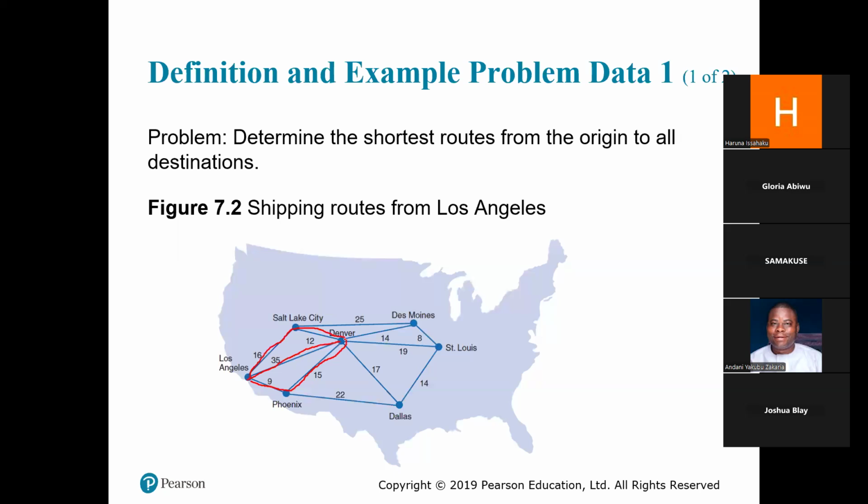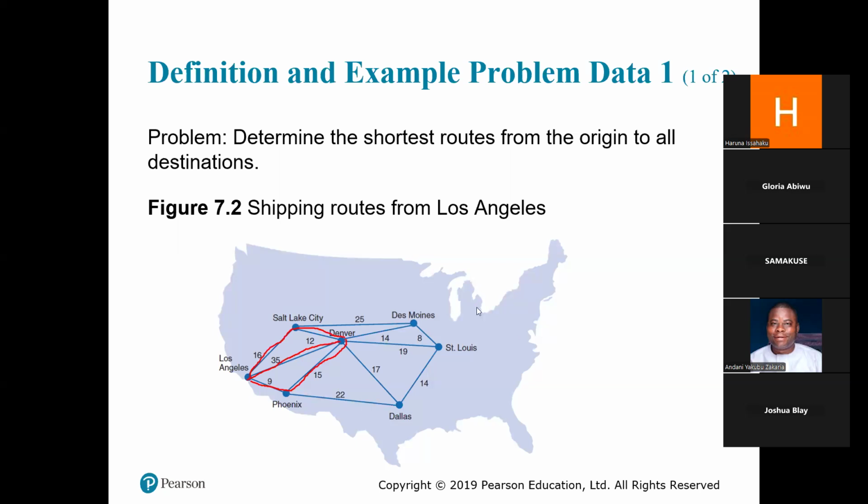Which one will be the shortest distance to follow if you are starting from Los Angeles and moving to Denver? That is what this problem, the shortest route problem, seeks to solve.